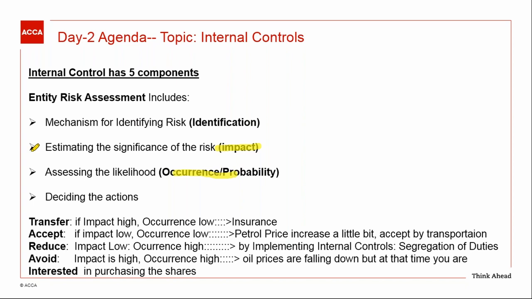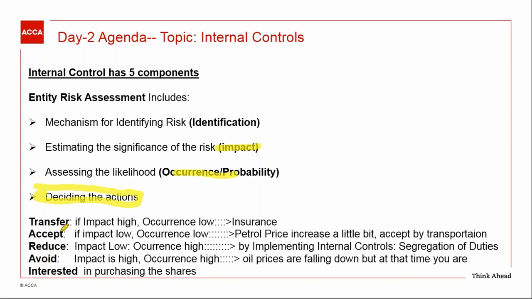And based on all this, we will make the decision what to do and what not to do. So what type of decisions are we going to discuss now? Number one is transfer the risk, accept the risk, reduce the risk, avoid the risk.